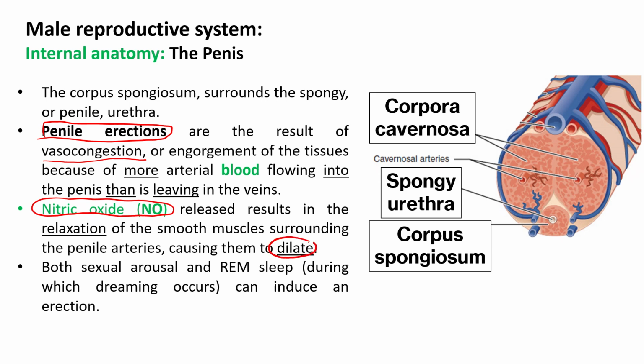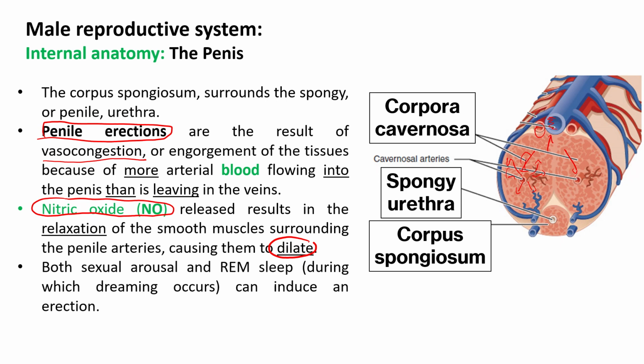It vasodilates the arteries that provide blood supply to the penis, to the corpus spongiosum and cavernosum. The blood starts filling all the little chambers in the corpus spongiosum and cavernosum, and these structures start compressing the veins, which drain blood from the penis.